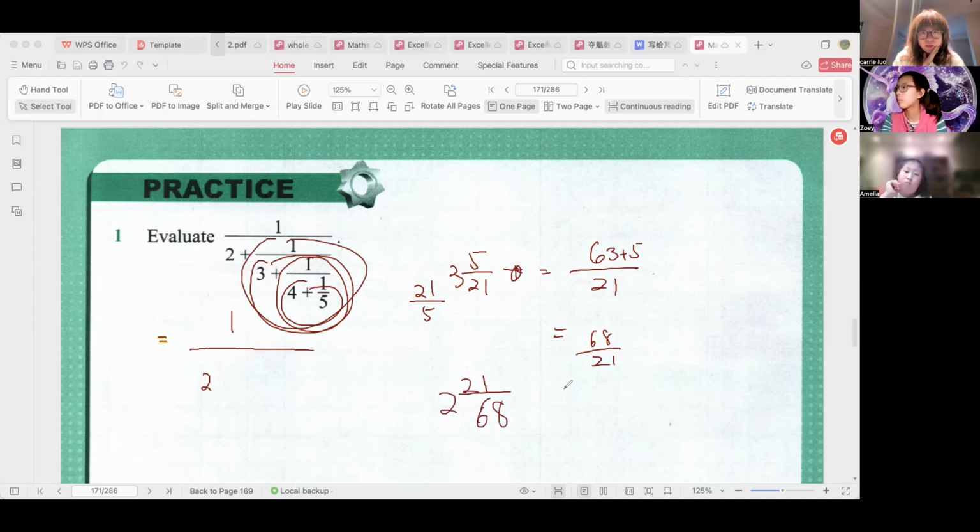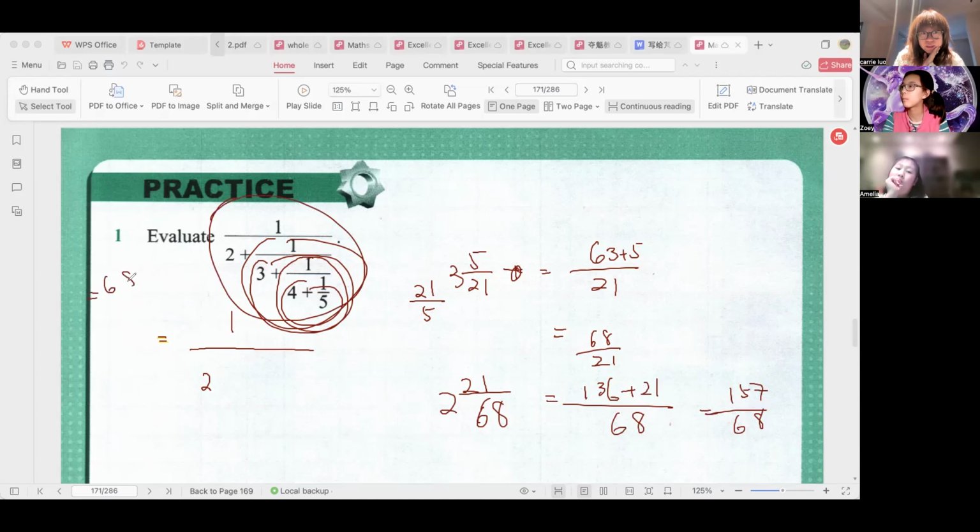And 2 here, so equals 136 plus 21 over 68 equals 157 over 68. And the whole thing equals 68 over 157. Clear?